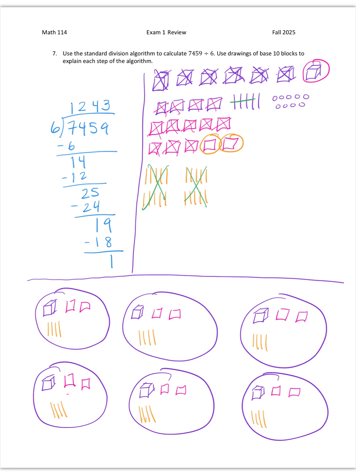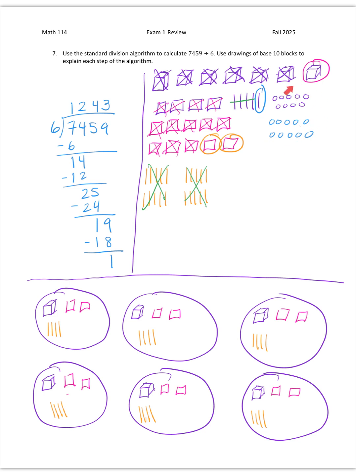Okay. So I'm going to take that last 10 and make it 10 ones. So now I have 10 ones and 9 ones. That's where this 19 comes from. I had 25 and I gave out 24. I had 1 ten left after I did that. And then I add that 1 ten to my 9 ones. So this is my 19 ones.